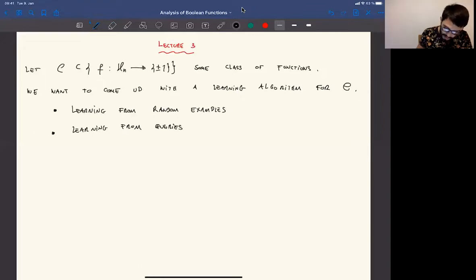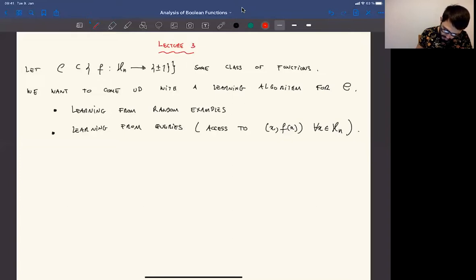That is, I can request access to x and f of x for all x in the Hamming cube.